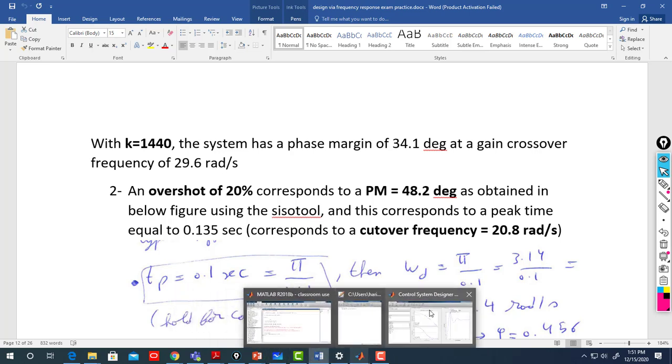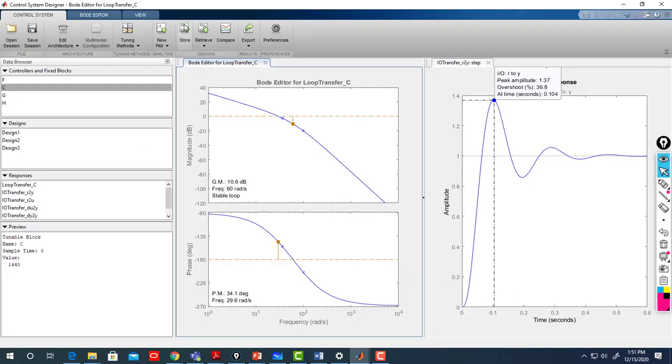So what we'll do now, maybe I can store this design so we can remember it. 36.8 overshoot at this amount of time. That's the phase margin, gain margin, gain crossover frequency, phase crossover frequency.